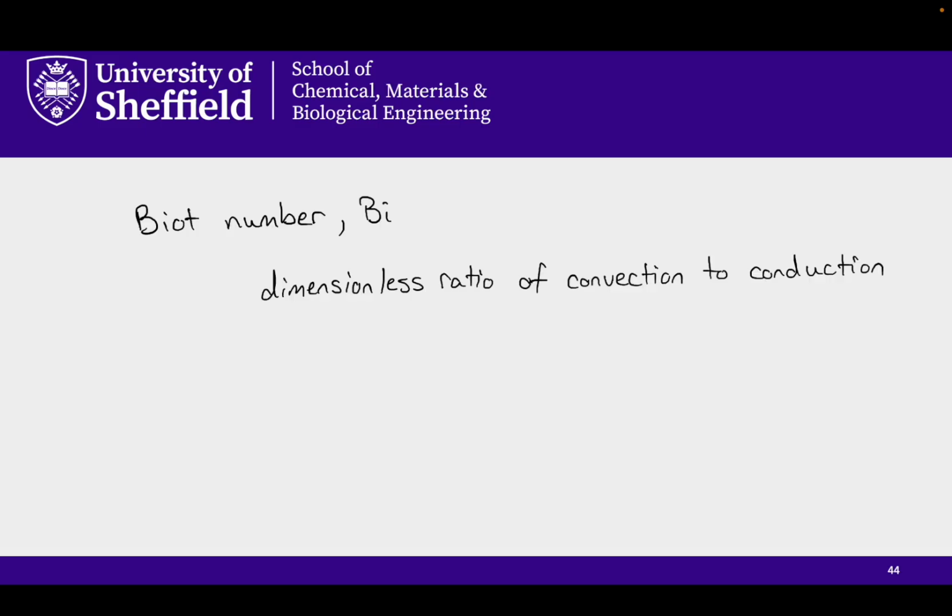In either instance, the fact that lambda has such a profound effect on the shape of the temperature profile means that it's important, and it led to the definition of the Biot number, which is a dimensionless ratio of convection to conduction. For the problem of the fin that we just solved, the Biot number is equal to lambda squared.